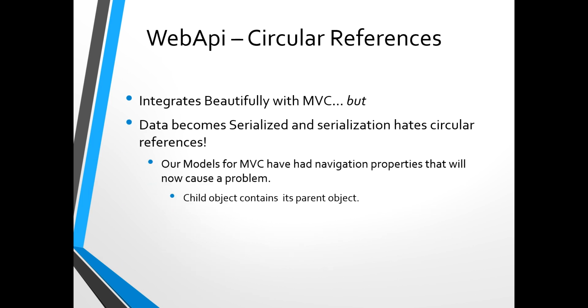So it does integrate beautifully with MVC, but if we're going to create our data annotations and everything else the same way we did, and our properties to have the relationships in place with our model objects the way we did with MVC, we're going to run into a problem, right? When we serialize data, what happens is it goes in, looks at the data, builds out all the JSON for each property as we find it, and then it follows the path that we've defined by our relationships.